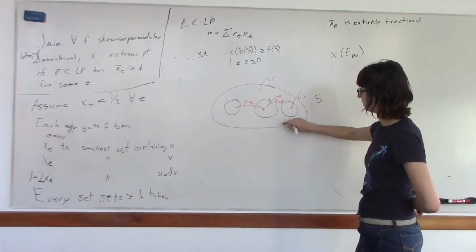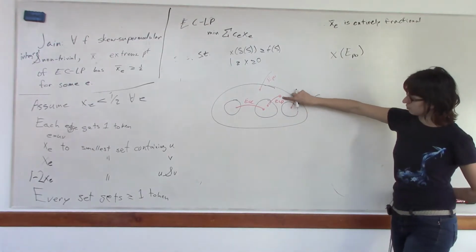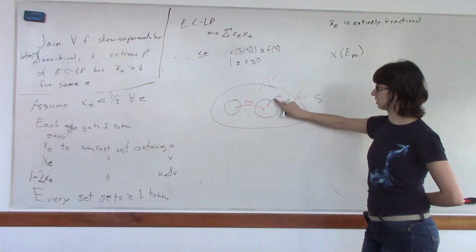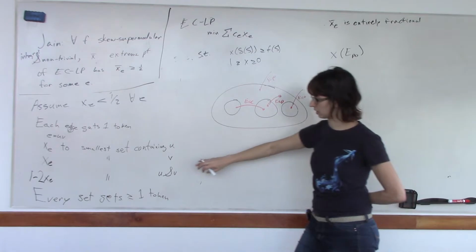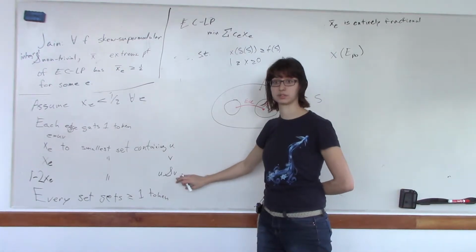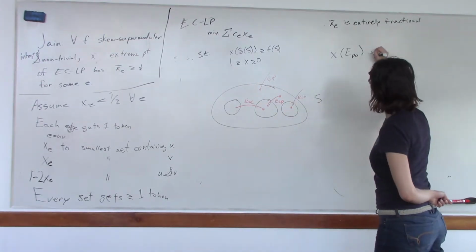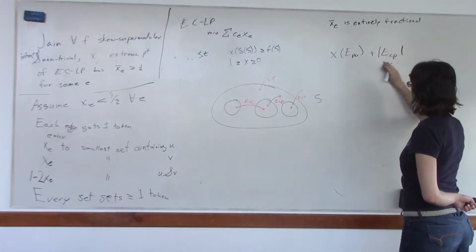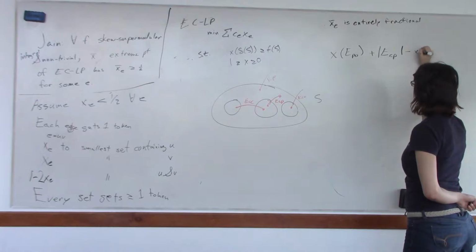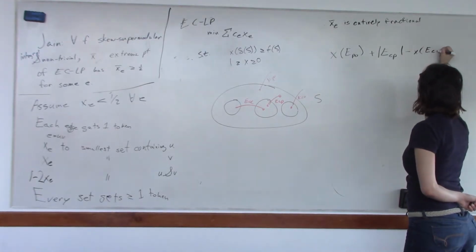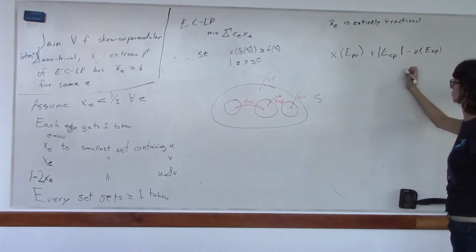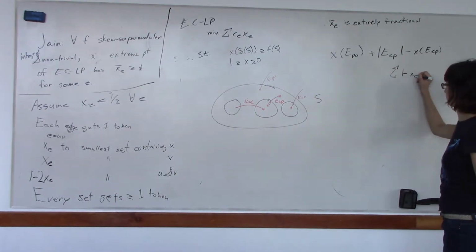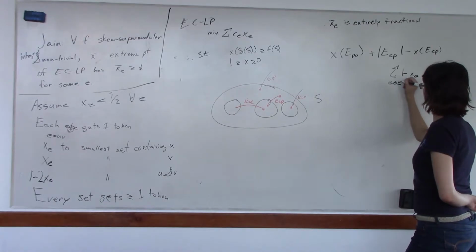For E of CP, I'm the smallest set containing this endpoint, and I'm also the smallest set containing both endpoints. So I get x_e and I get 1 minus 2x_e. So I get some stuff minus x of E of CP. So this is just adding the sum of 1 minus x_e for e in E_CP.